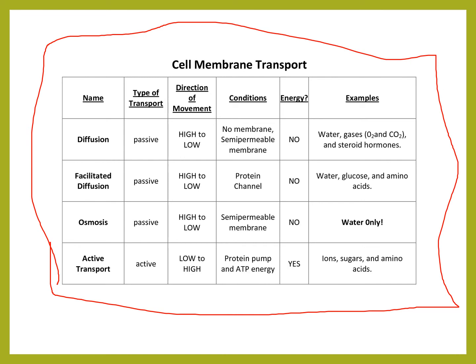It does not require energy. Examples of this are water, gases, and steroid hormones. Facilitated diffusion is passive. Osmosis is also passive. The only one that's actually active, and you can see that the direction of movement in the active is different, goes from low to high instead of high to low.